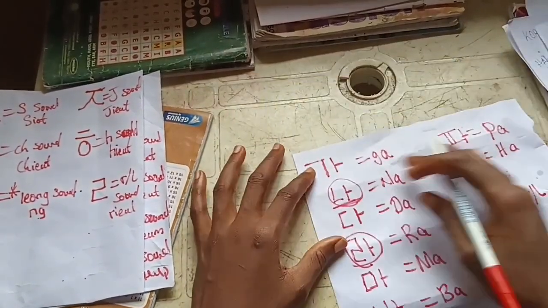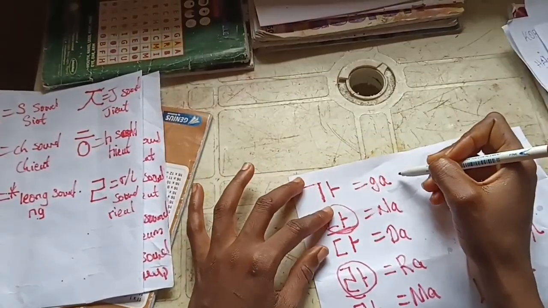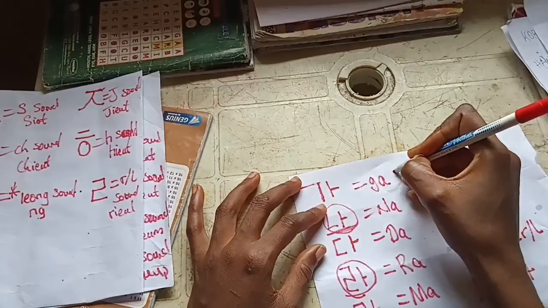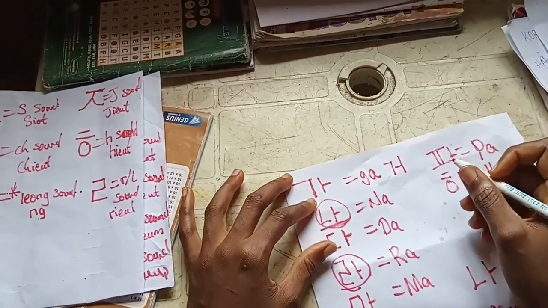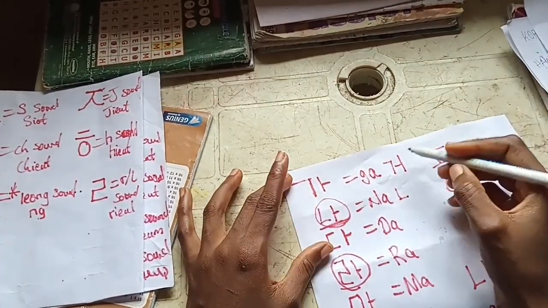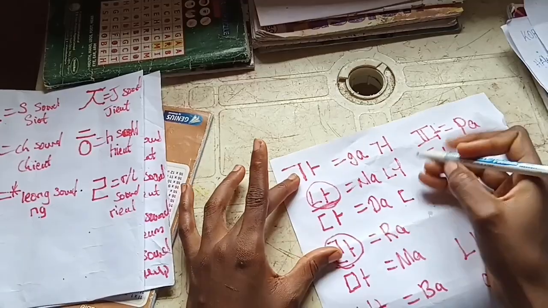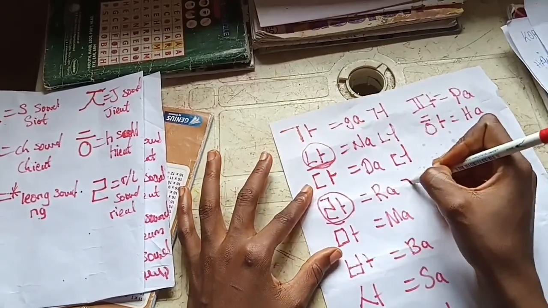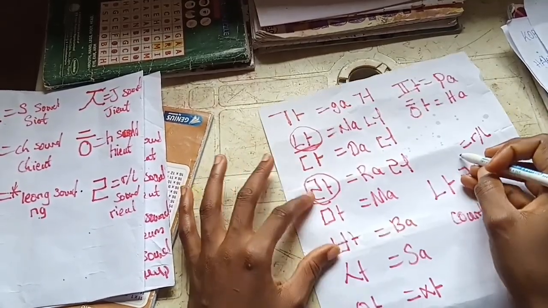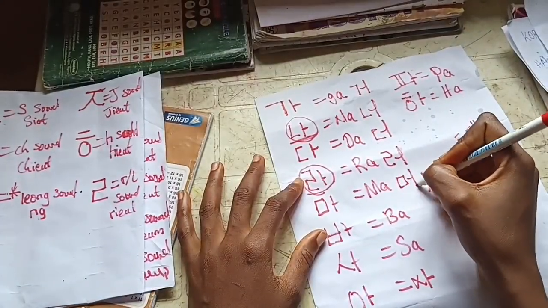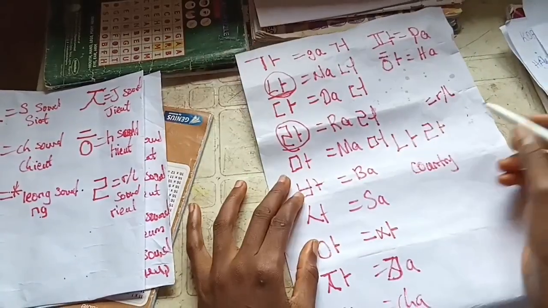Now imagine I go ahead and make another combination of g and O vowel, then n and O vowel. So this is go, no, do, and R with O vowel, ro, M with O vowel, mo.